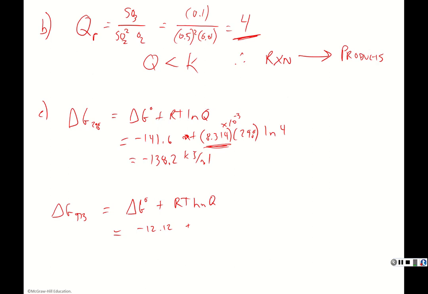Sorry about that. Let's do the same thing here: 8.314 times 10 to the minus 3 times 973, our new temperature, and times ln of Q, which again is 4. We get negative 0.9 kilojoules. You can see in this case it's a very small negative, but it is negative, so it becomes spontaneous.